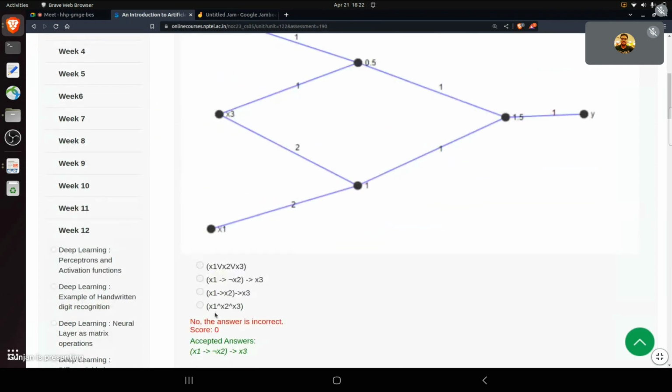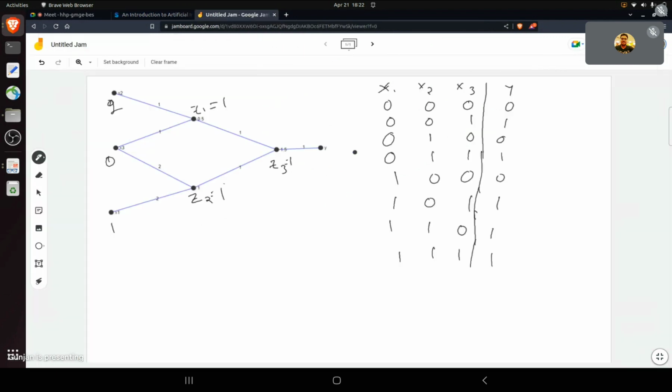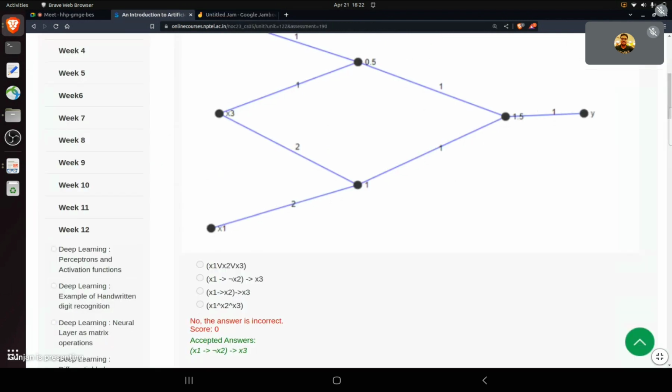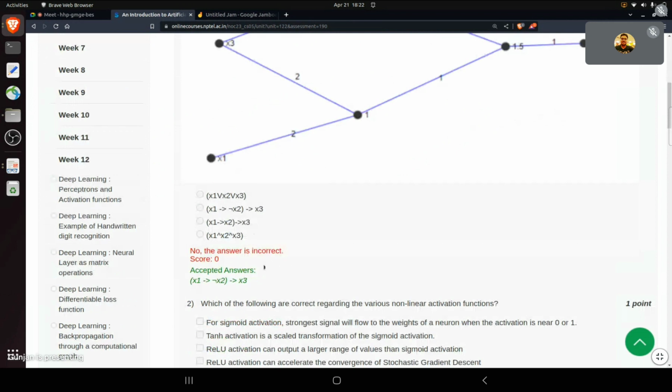Okay. x1 to the power x2 to the power x3. Or it is x1 XOR x2 XOR x3. What is that? How did you guys interpret this last option?